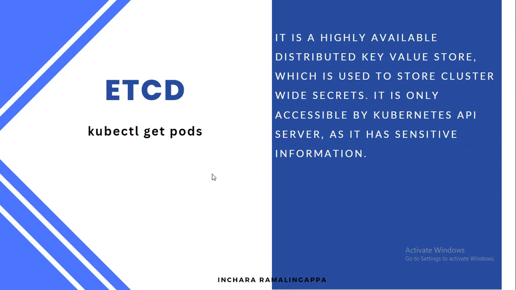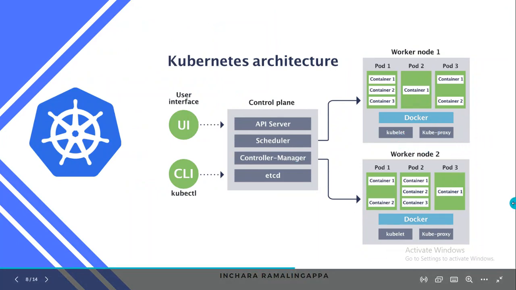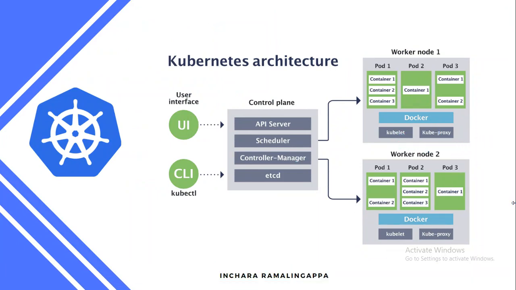And if I come to the worker node, in the worker node we have Docker, Kubelet, and Kubeproxy. Kubelet is like an agent, the front end of the worker node. Whatever request is processed by the API server will communicate with the kubelet.